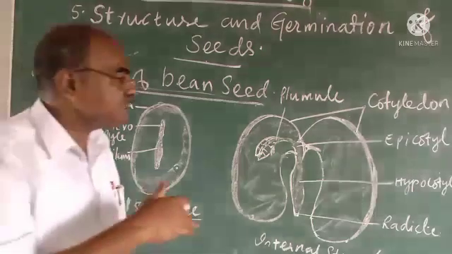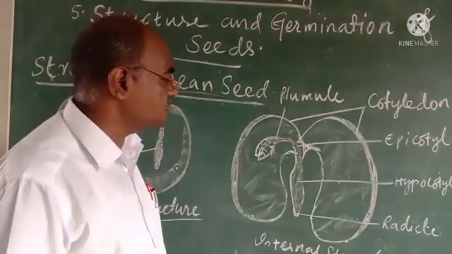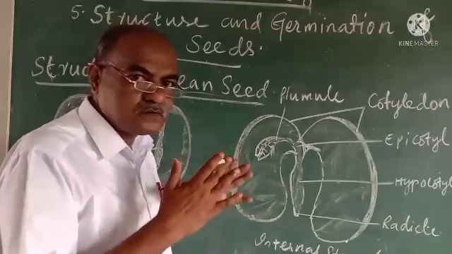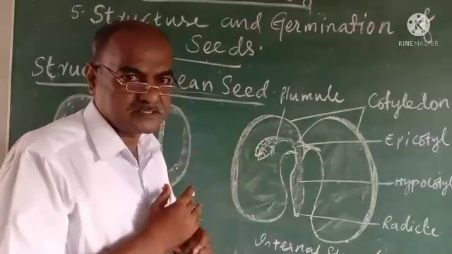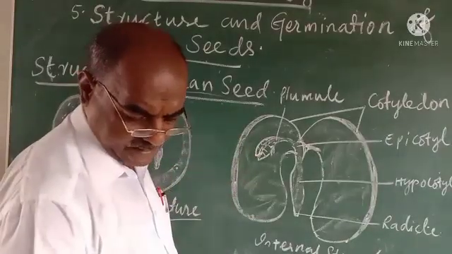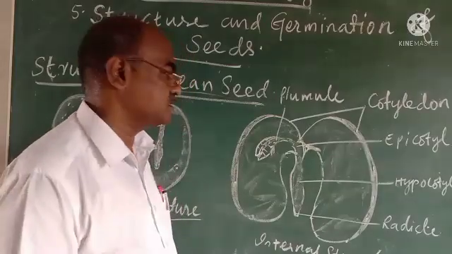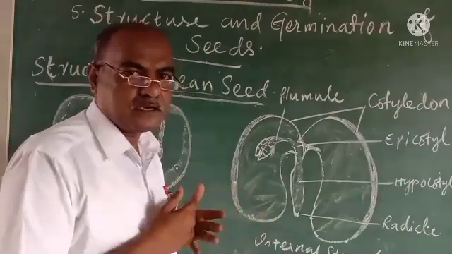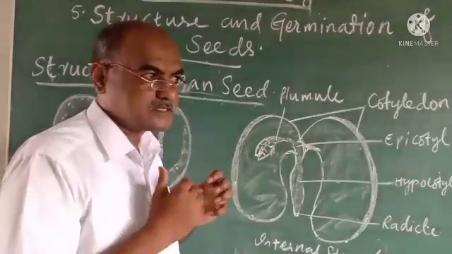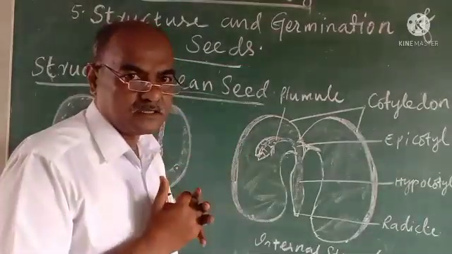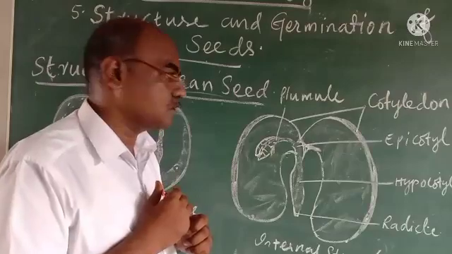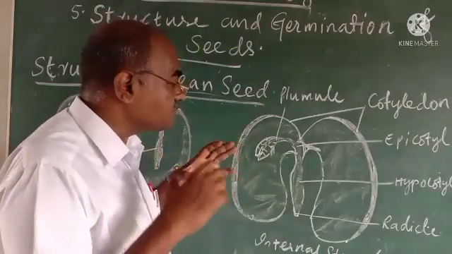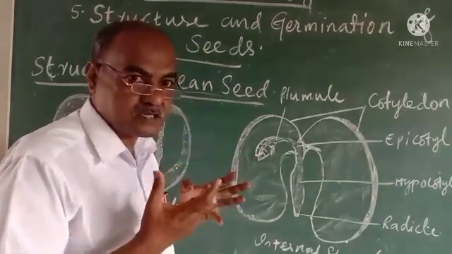Then when we come to the internal structure, when the seed starts to germinate, it needs favorable conditions like water, air and sunlight, and proper temperature. When these are obtained, it will start to germinate.